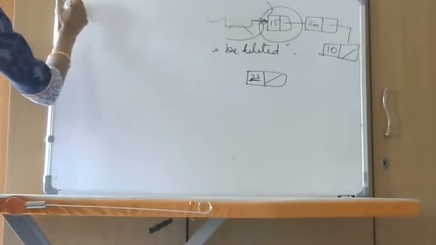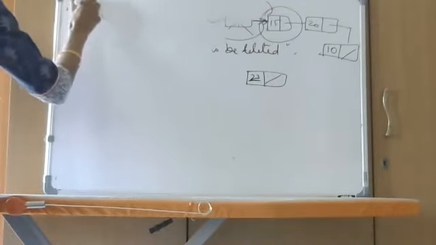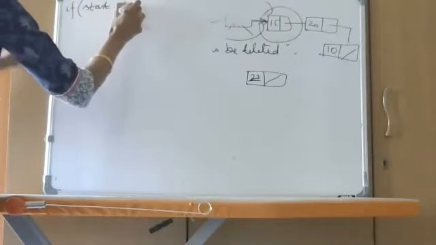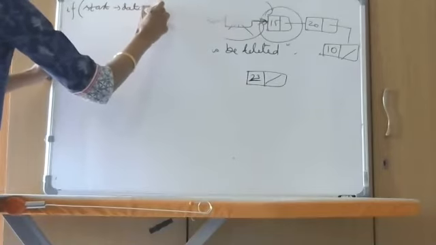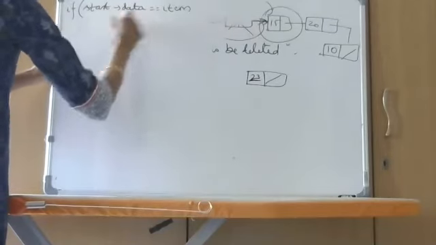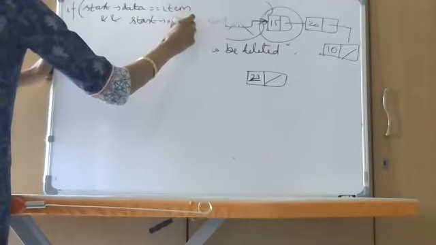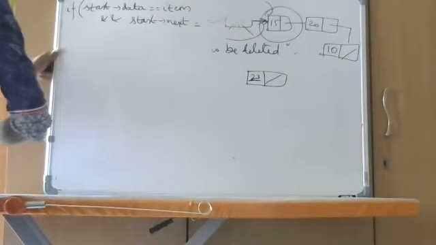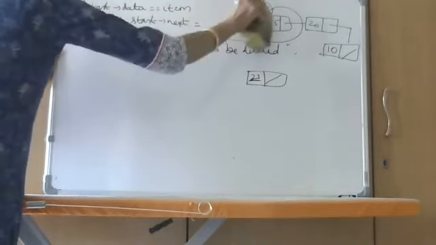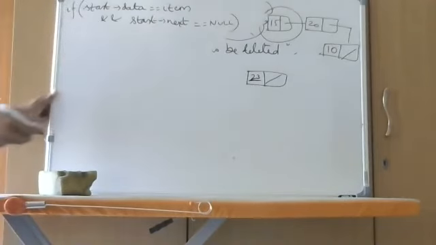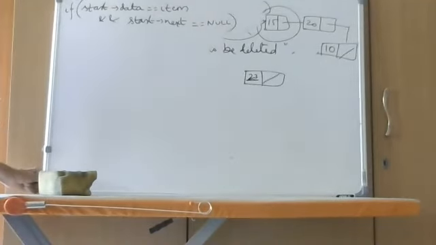If I have to check whether that is the only element that I have, then how do I write? If start of data is equal to item and start of next is equal to null. The previous condition was, we wanted to delete the first element and there are so many other elements in the list.